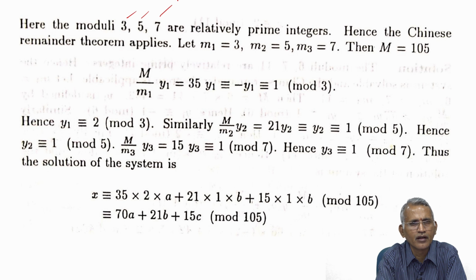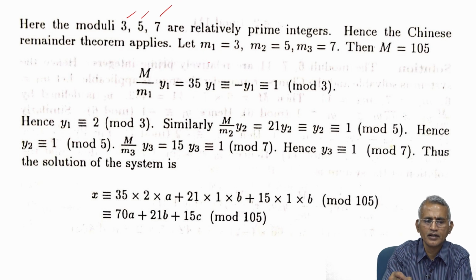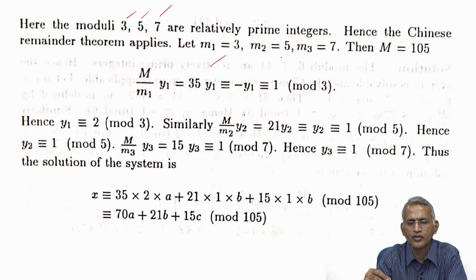First you check whether they are relatively prime or not. Here they are relatively prime because the GCD of 3, 5 is 1, 5, 7 is 1 and 3, 7 is 1, and they are relatively prime to one another. The Chinese remainder theorem applies, with M1 equal to 3, M2 equal to 5, M3 equal to 7. Therefore, capital M equal to 3 into 5 into 7, which is equal to 105.